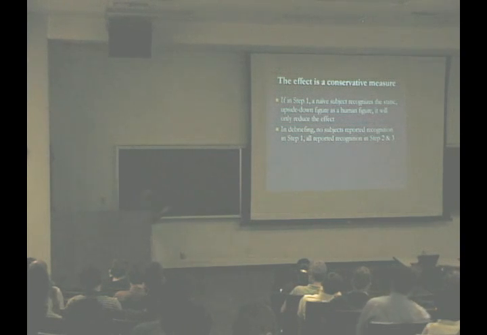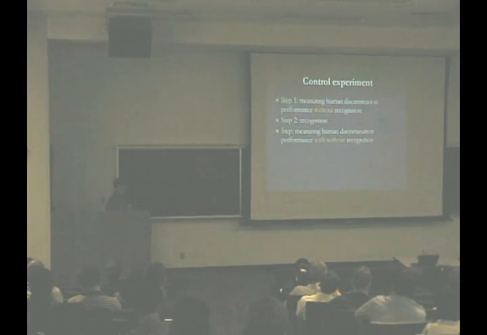In fact, among all our naive subjects, during the debriefing after the experiment, nobody recognized the first step as a human figure. And after the movie was shown, all subjects could indeed recognize that it was a human figure.